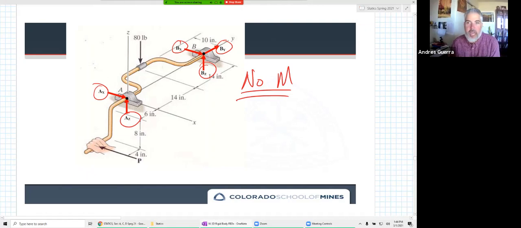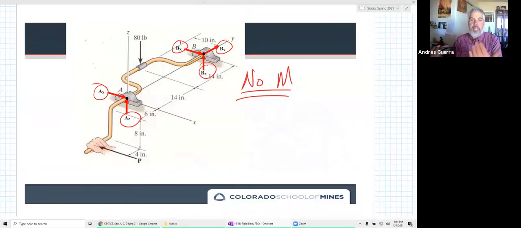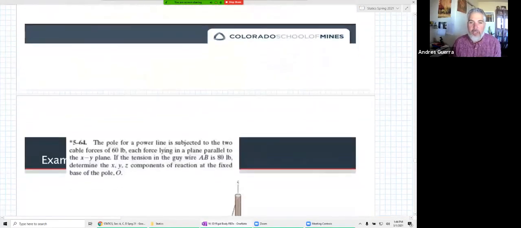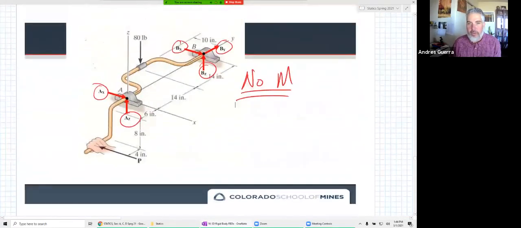If I have 6 unknowns, I would include the moments. And you can't pick and choose. You can't say, oh, I'll include some moments and not others to get down to 6. No, it's either more than 6 and all the reaction moments go away, or if there are 6 or fewer and there are moments, then you leave the moments on there. And you can solve for those moments and see if any of them are equal to 0.